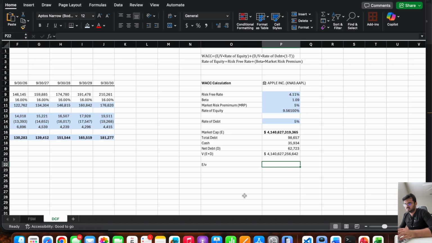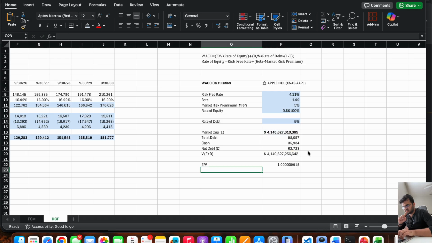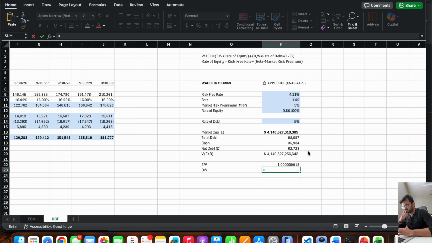So E by V is nothing but equity by total value, which is this number divided by this number. And then the debt by this one, which is debt divided by this number.